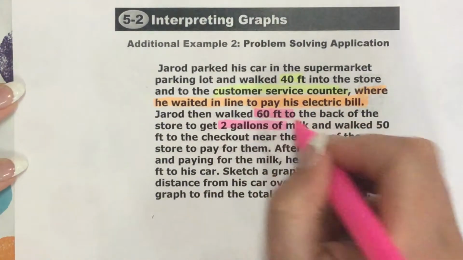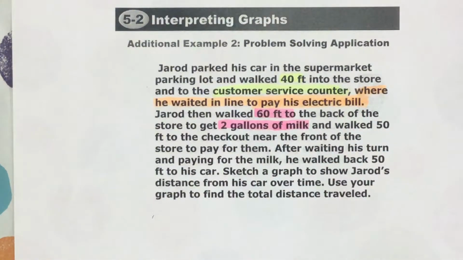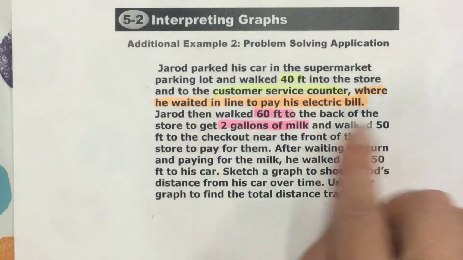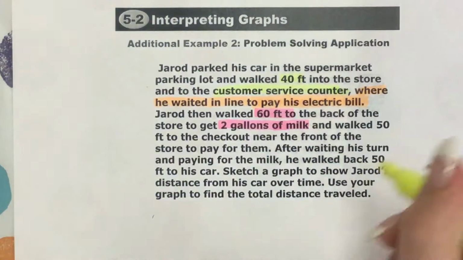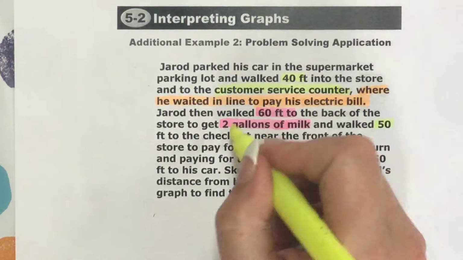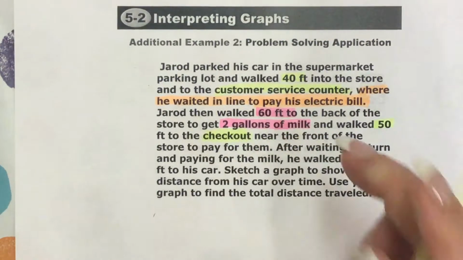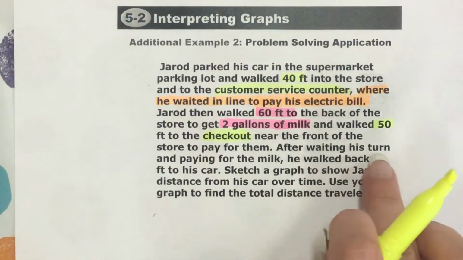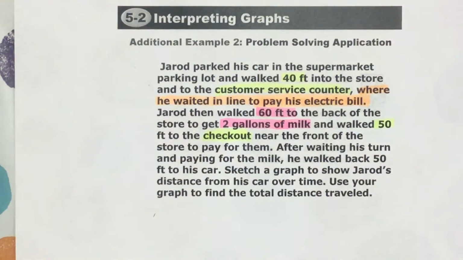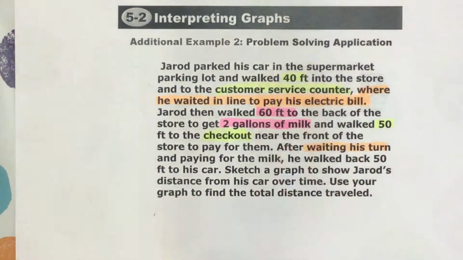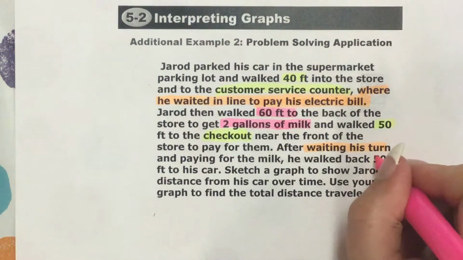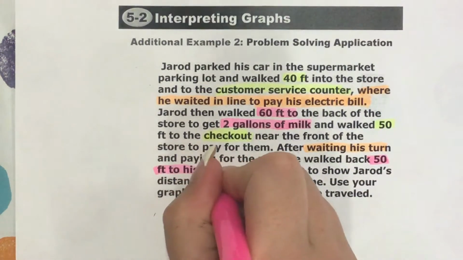And then he walked 50 feet to the checkout near the front of the store to pay for them. And then after waiting for his turn and paying for the milk, so that's another thing, he waited. He walked back 50 feet to his car.